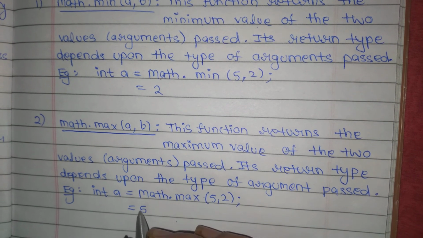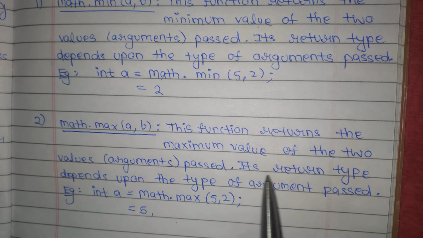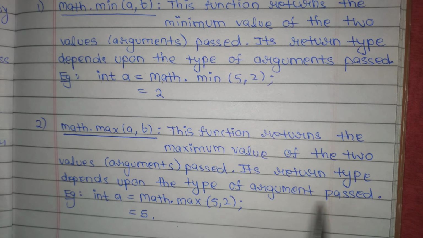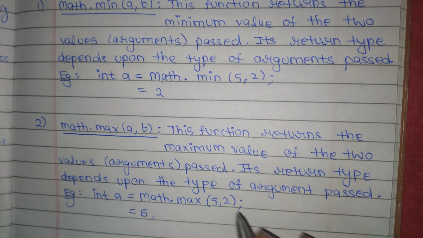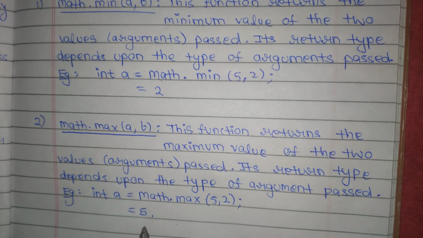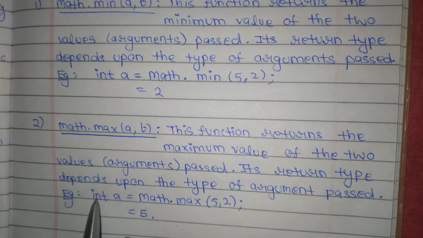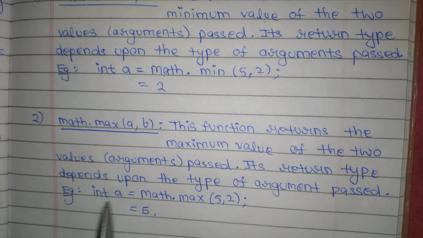So here our answer will be 5, and it is also written that its return type depends upon the type of argument passed. Suppose if I took 5.0 and 2.0, then the answer would come 5.0, and I should have also taken double a, not int a.